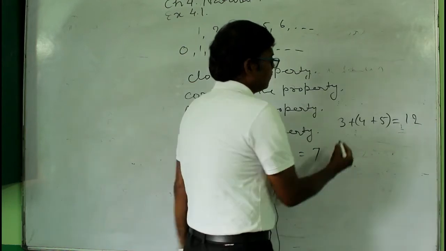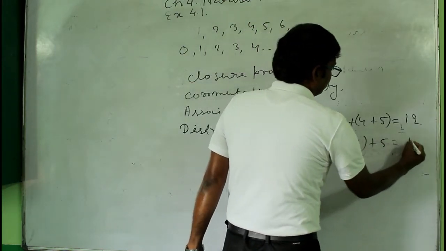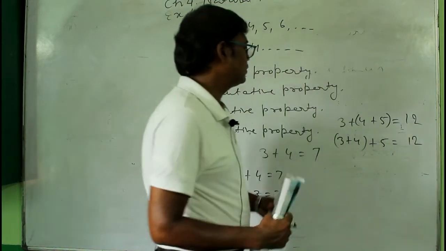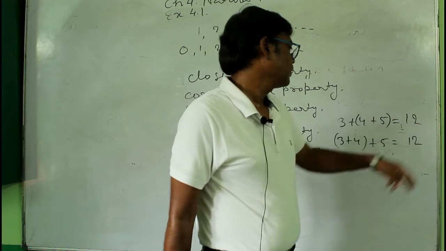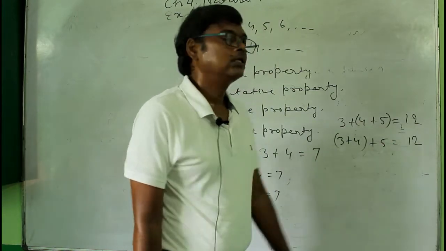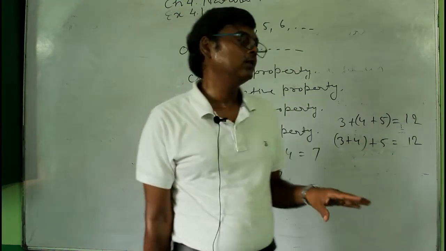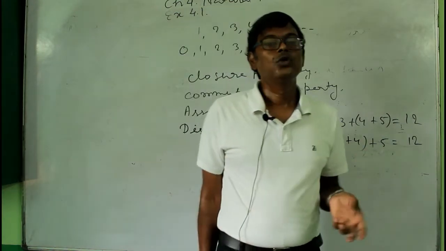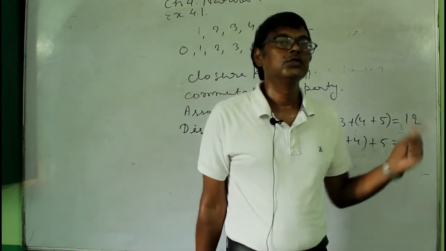Now next is 3 plus 4 in bracket plus 5 equal to how much? Here again 12. So see that now we first grouped this and then added it, and the answer came 12. So in both cases the answer is same. Okay, so this is the associative property. It means that in case of whole numbers the associative property for addition is valid.